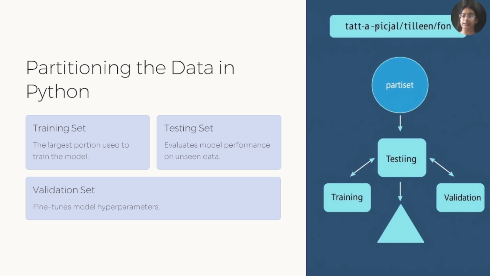What is a training data set? It is the largest portion used to train the model, according to the name, training set. And the testing set evaluates the model performance on unseen data. It evaluates or tests the model performance, again, as the name suggests. And a validation set fine tunes model hyperparameters.